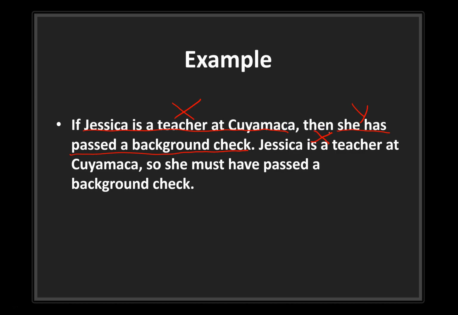If X, then Y, X, therefore Y, right? Then you look at your chart and you say, okay, that corresponds to a valid form. The valid form is modus ponens. So you'd say this is valid because of modus ponens.